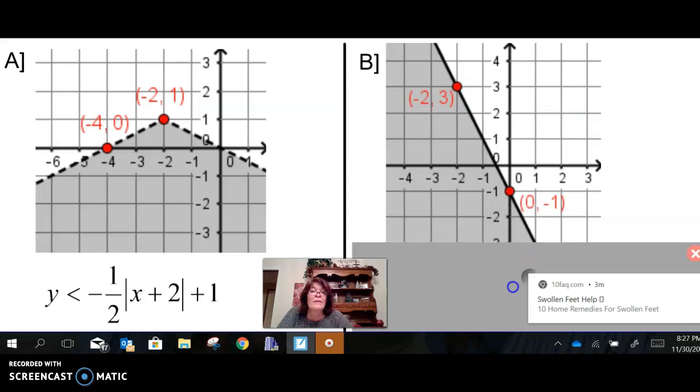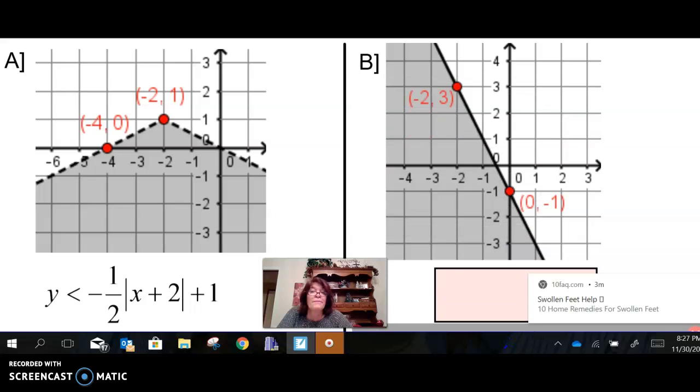Okay. Trying this one. Oh, this is just a line. Y-intercept of -1. Slope is up 1, 2, 3, up 4/2. So -2. Oh, I guess I could have gone up 2/1 to the left. So -2. I can tell it's a negative slope. It's going down from left to right. So y equals -2x minus 1.